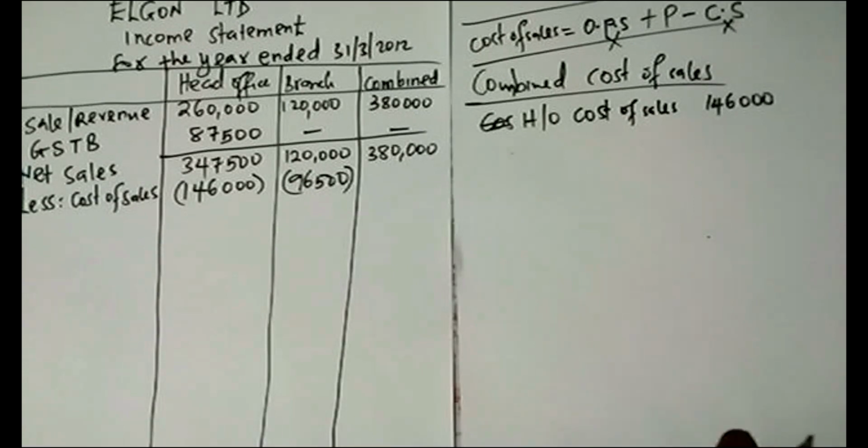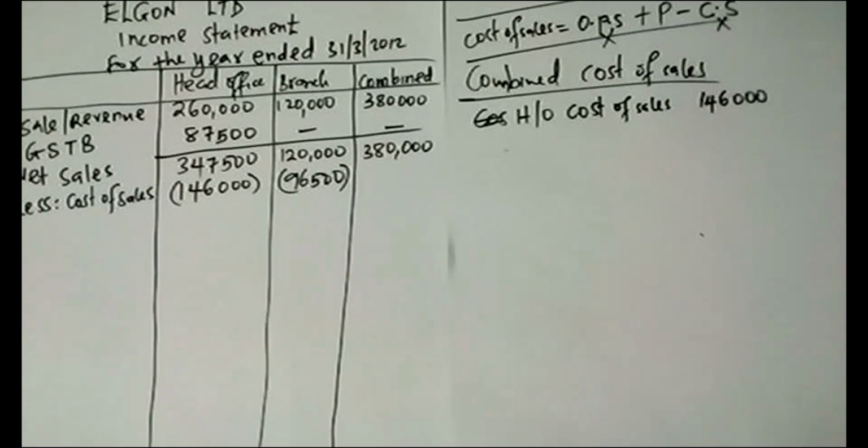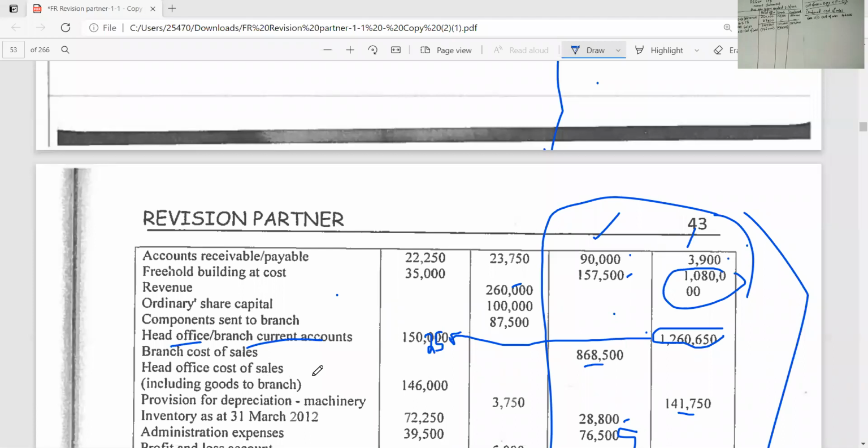Then remember that they said somewhere in that question, under the head office cost of sales, that it includes goods sent to the branch. This is what they said here, including goods sent to branch.